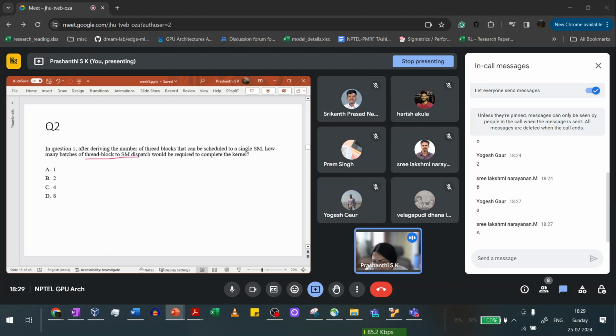If these questions seem a little difficult to you, what all of them need you to clearly understand is this terminology: SPs, SMs, SPs per SM. Similarly, this notion of grids, blocks, threads. You shouldn't get confused by terminology, for instance, threads per block versus thread blocks.